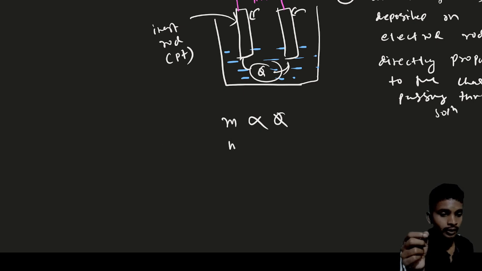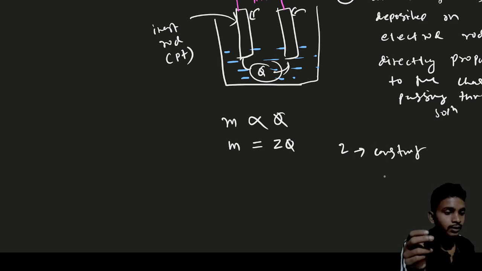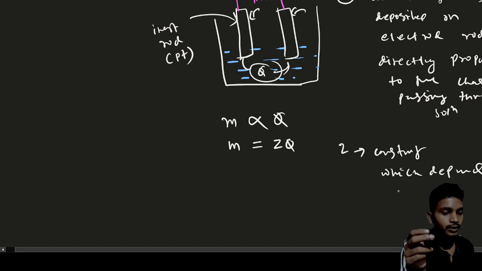If we remove the proportionality sign, I can put a constant Z, and this Z is a constant which depends on the nature of the cations and anions.